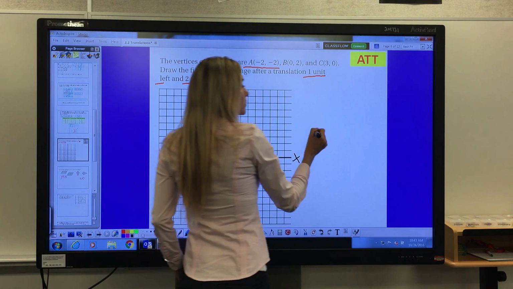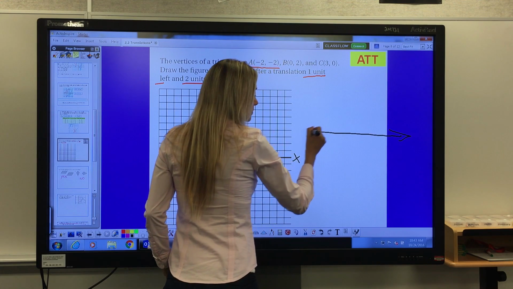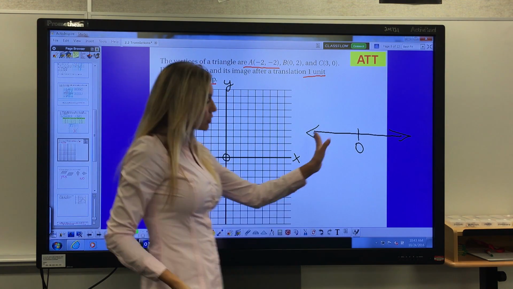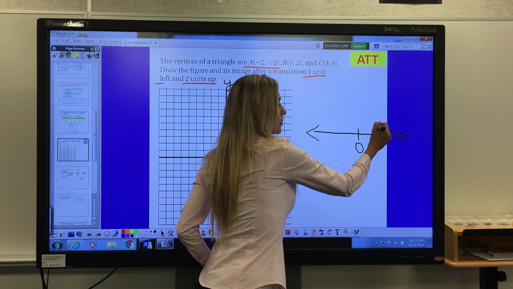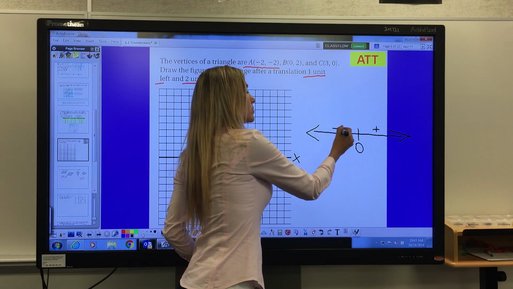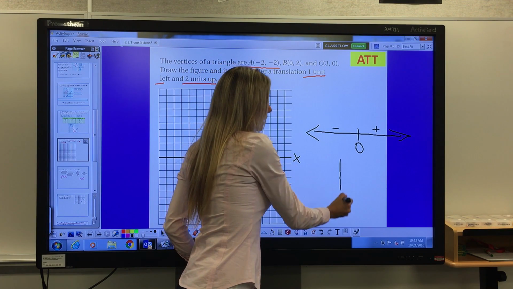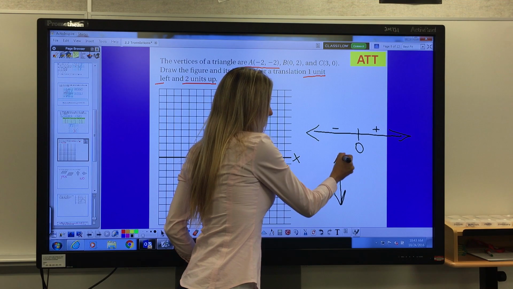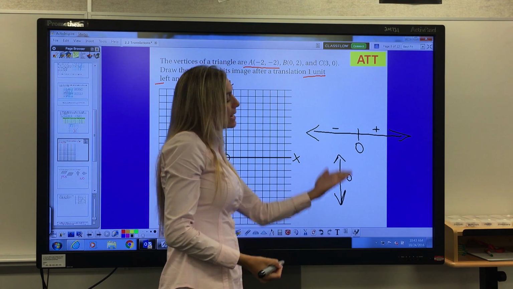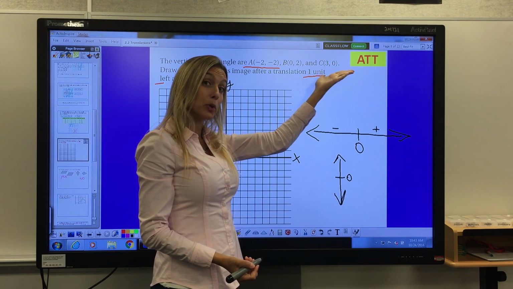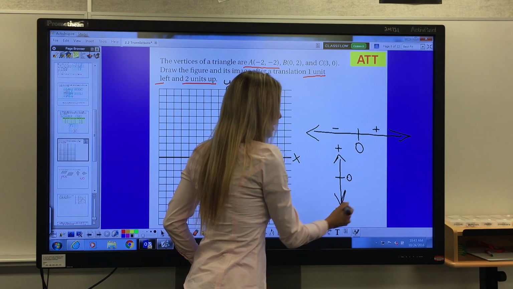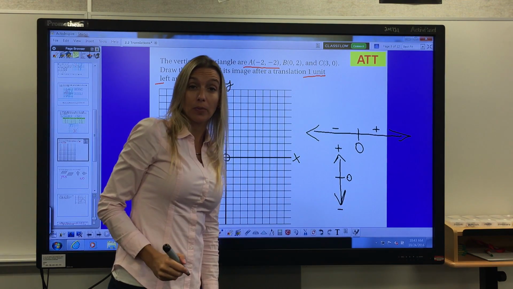On the x-axis, there is a 0 in the middle. To the right, I have positive numbers. To the left are my negative numbers. On the y-axis, which goes up and down, the middle is also 0. Up are my happy numbers, those are my positive numbers, and down are my negative numbers.